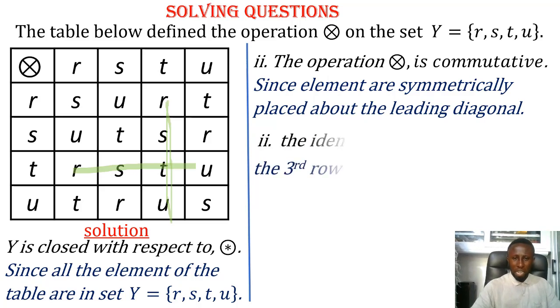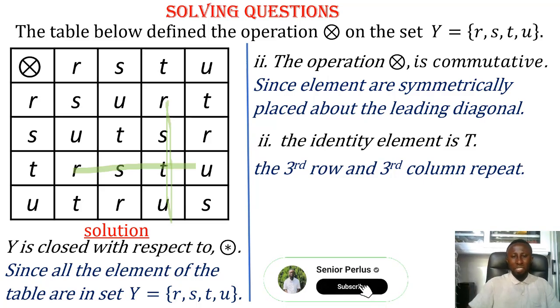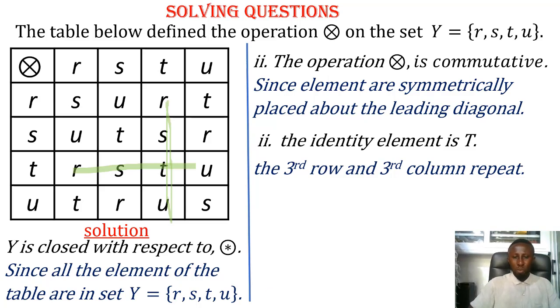It happens on T, right? So the identity element is T. The third row and the third column repeat. So the identity element is T, right?